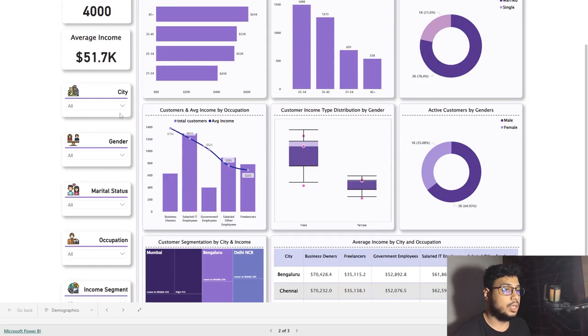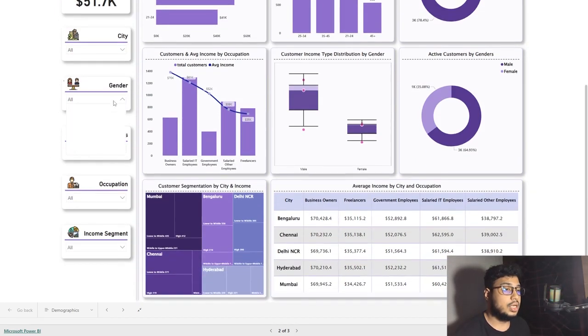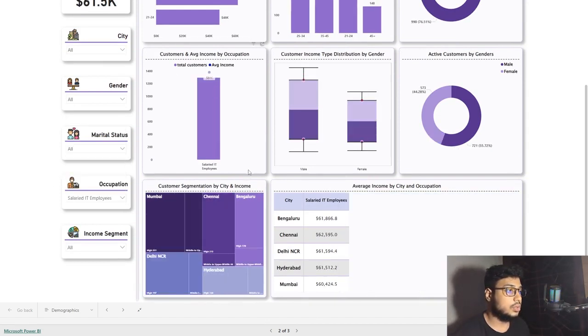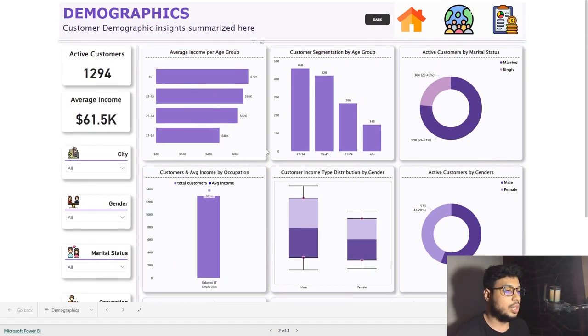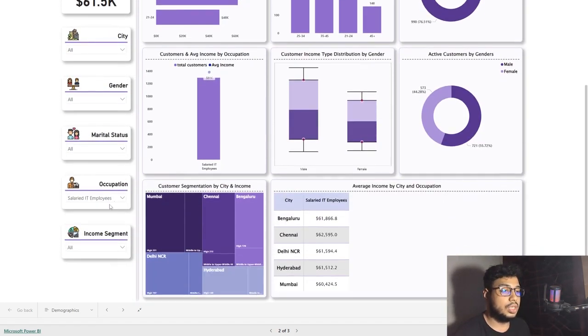We also included slicers for cities: Bengaluru, Chennai, Delhi, Hyderabad, and Mumbai, and then gender, marital status, occupation. If you select a slicer, our dashboard will get filtered for each slicer.